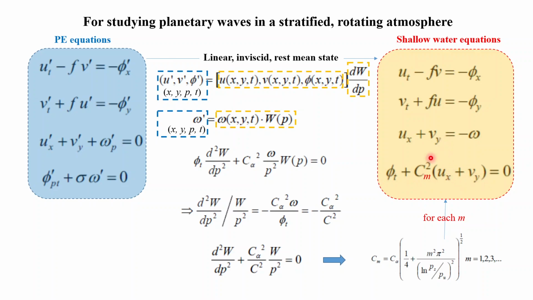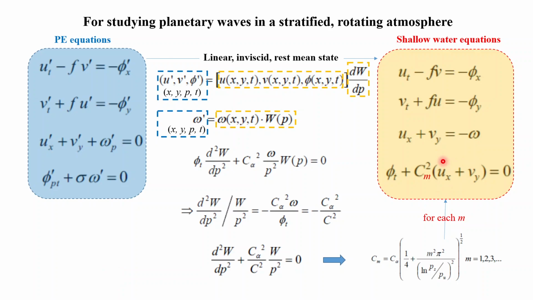Okay, so this is a very important part: the concept of vertical mode decomposition that we applied gives you a shallow water equation that we can derive from the primitive equations in the following three slides.